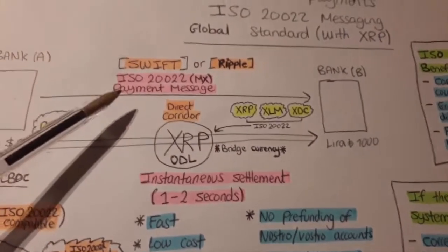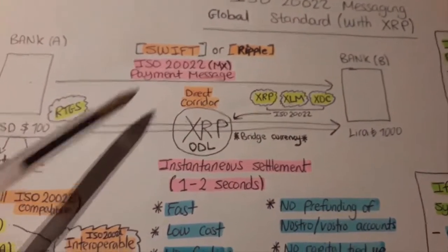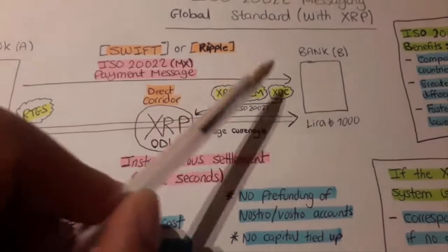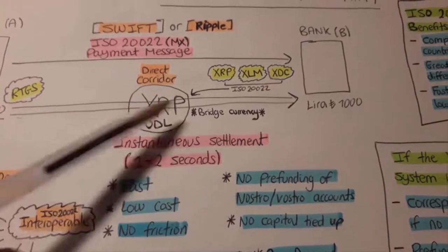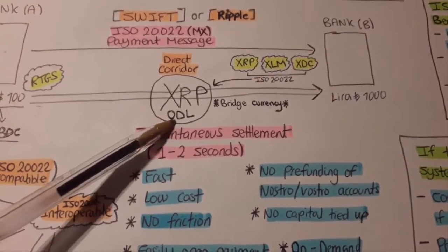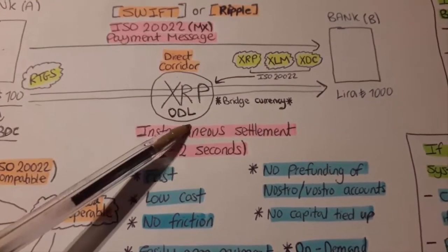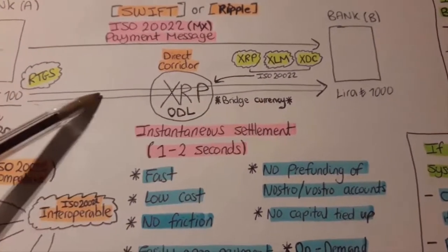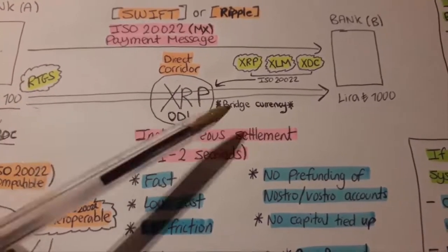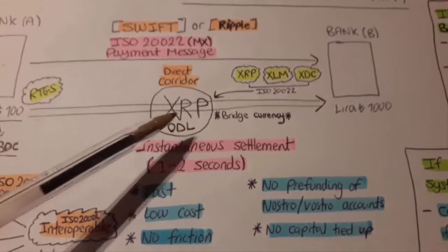And what they would have to do if they're not using Ripple, even though they're using ISO, is still pre-fund the accounts of each bank. But with Ripple, that is not necessary because the liquidity is on demand. So as and when you need liquidity, you can get that through the XRP ledger. Their corridor, their liquidity hub is on demand.